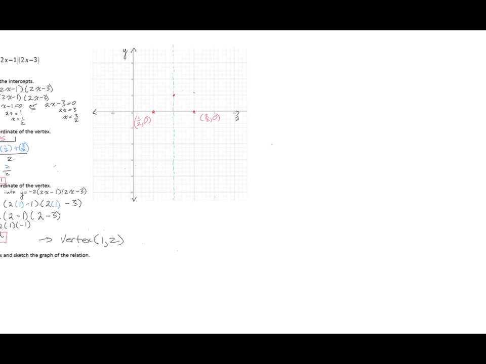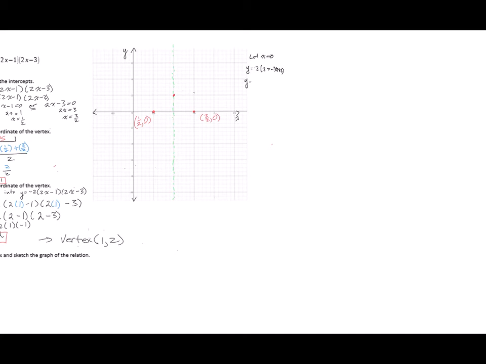Now, if we let x equal 0, we can get some more points to work with, so I don't really want to do any step pattern. If we let x = 0 on our original equation, we get y = -2(2x - 1)(2x - 3).